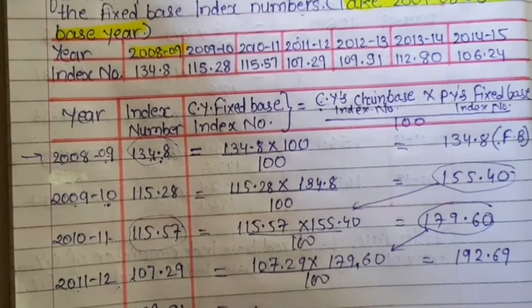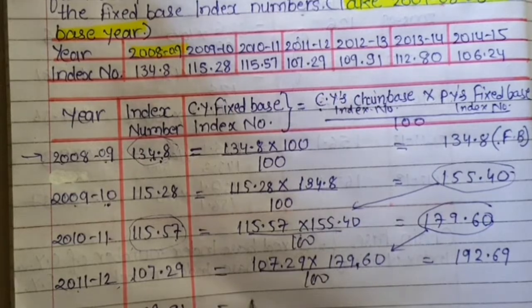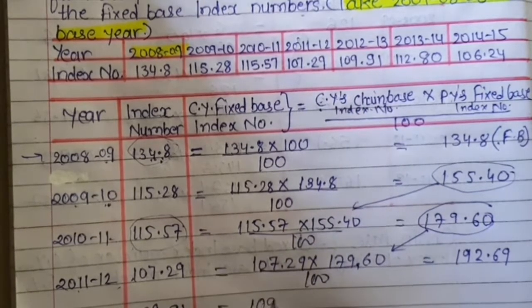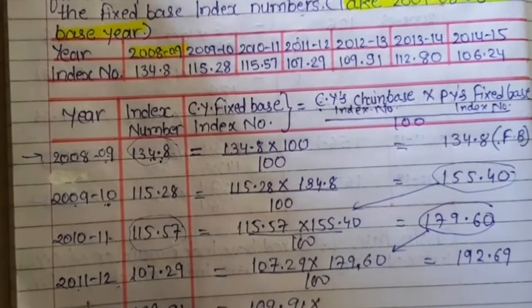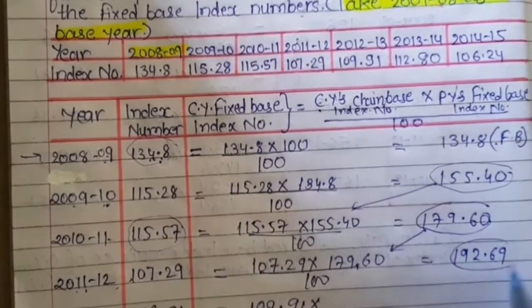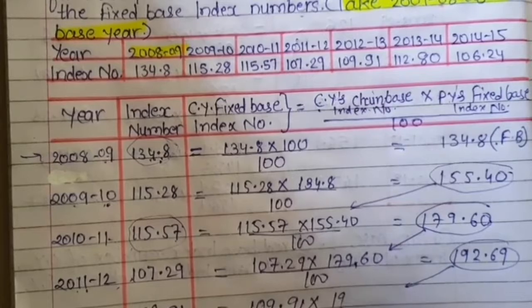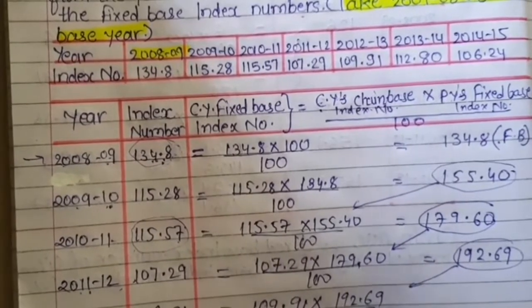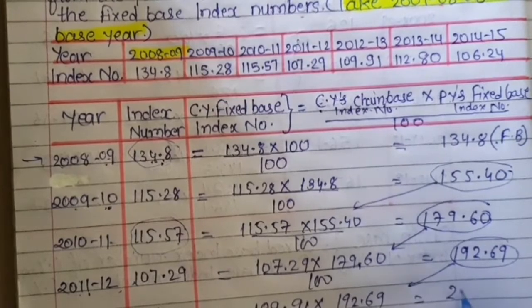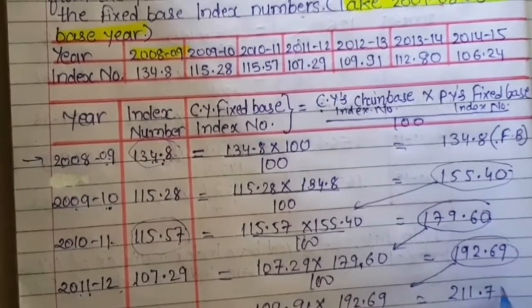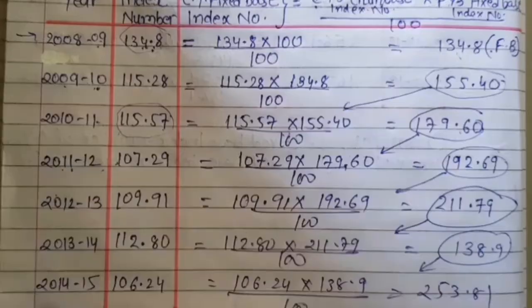Now for 2012-13, the current year's chain base index number is 109.91. Its preceding year 2011-12 and its fixed base index number is 192.69 divided by 100. I will get 211.79.